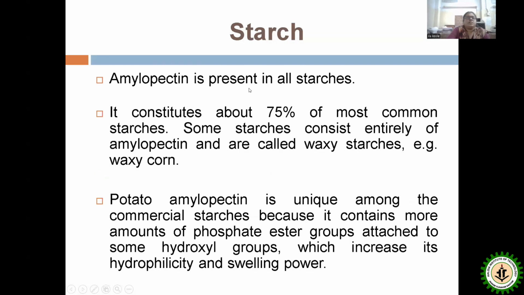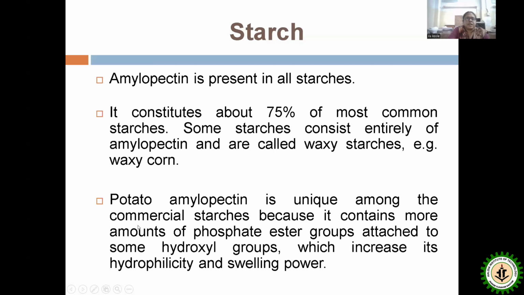Now, the amylopectin is present in almost all starches, and it constitutes about 75% in most common starches. And some starches consist entirely of amylopectin, and they are known as waxy starch. An example of this type of starch is waxy corn.